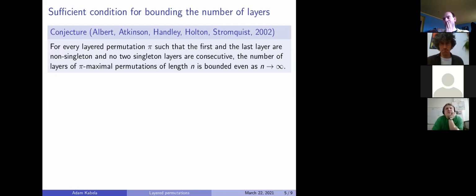And here's a suggestion, and it's a reasonable suggestion. It suggests that the first layer should not be in the pattern.